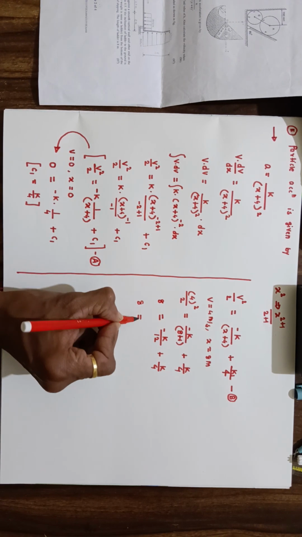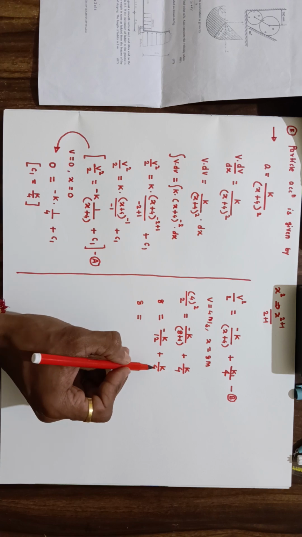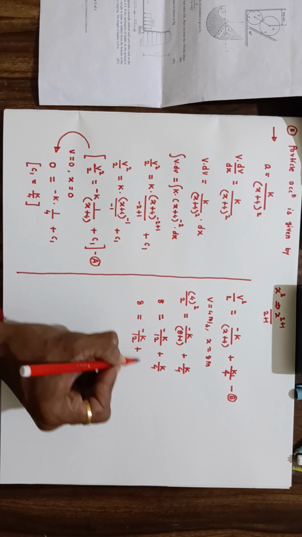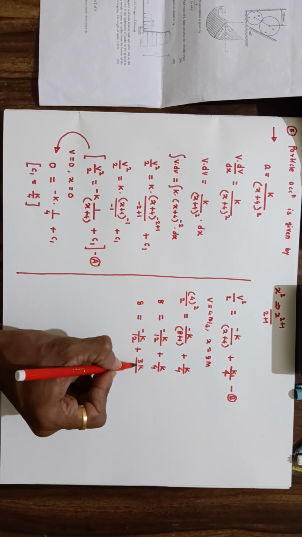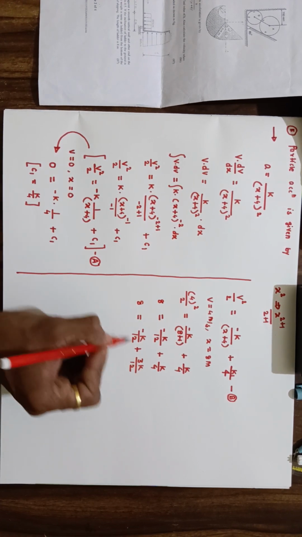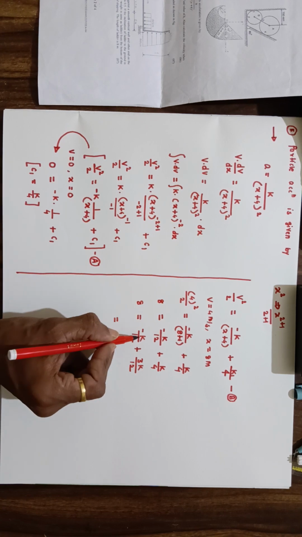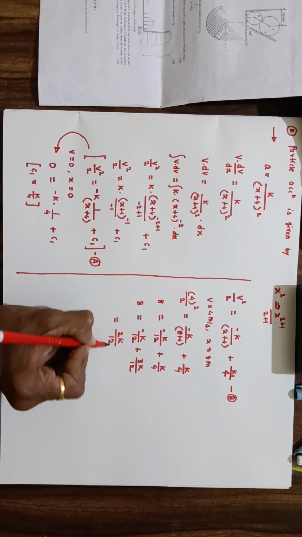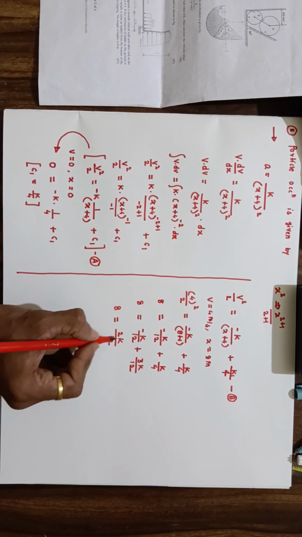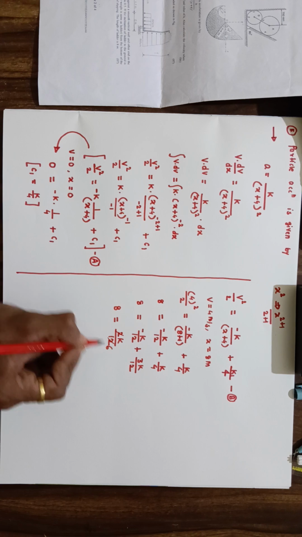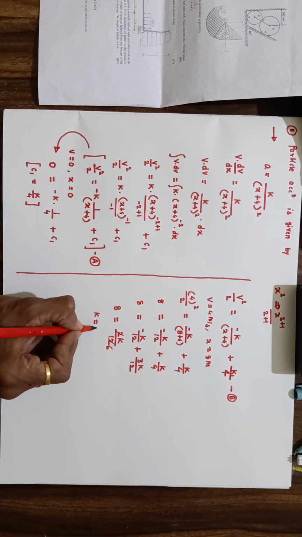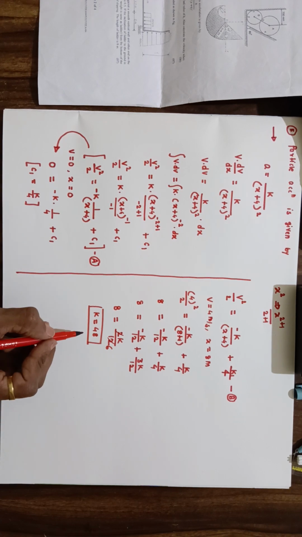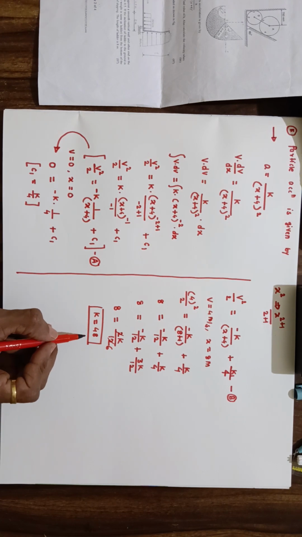Just multiply by 3: 8 equals minus k upon 12 plus 3k upon 12, which is 2k upon 12. So this is 6 and k is equal to 8 into 6, which is 48. So this was the first question, to find the value of k.